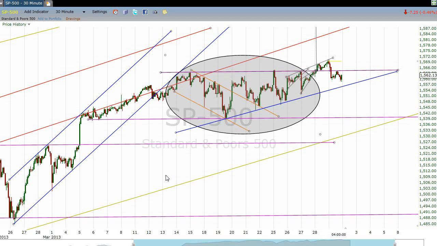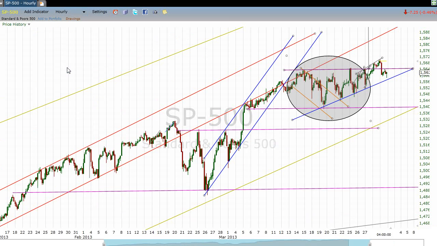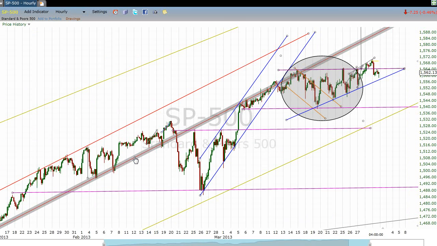So what happened was we were in a rising channel, this red channel here since the beginning of the year. We broke that channel, formed a consolidation pattern that had a target of about 1565.